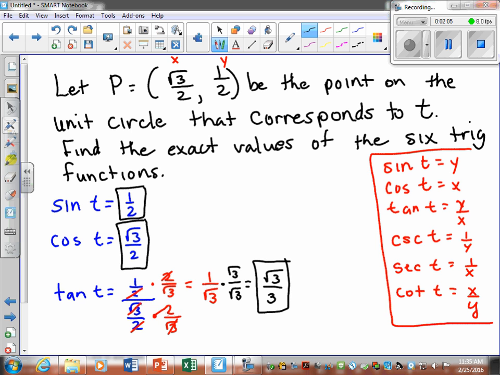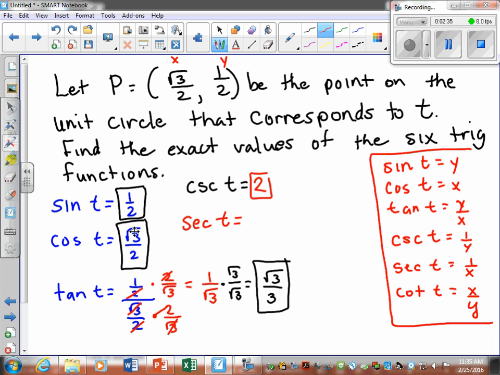Now let's do, which one is next? Cosecant of t is 1 over the y value, or it's the reciprocal of this. So what is the reciprocal of this value? 1 over 2. The reciprocal is just 2 over 1, or just 2. Good. Let's do secant of t. Secant of t is 1 over the x value, so it's 1 over this, but then we would have to do some work to rationalize it.